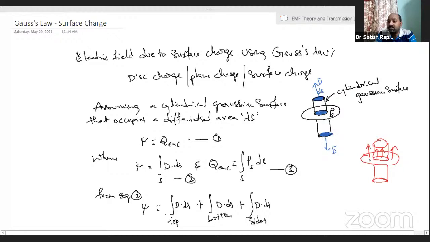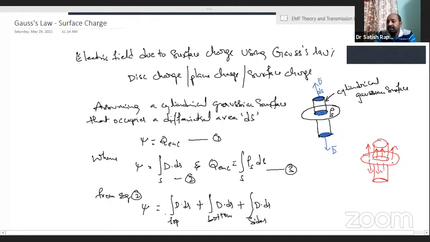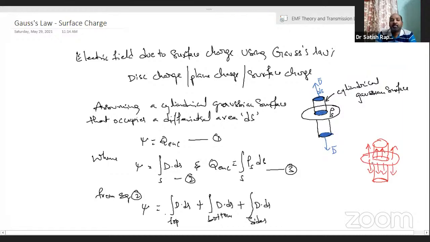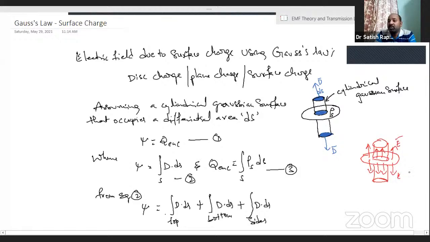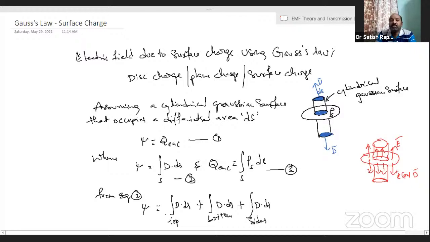This is the direction of the electric field, even for downwards. Electric field E bar, or flux density D bar.